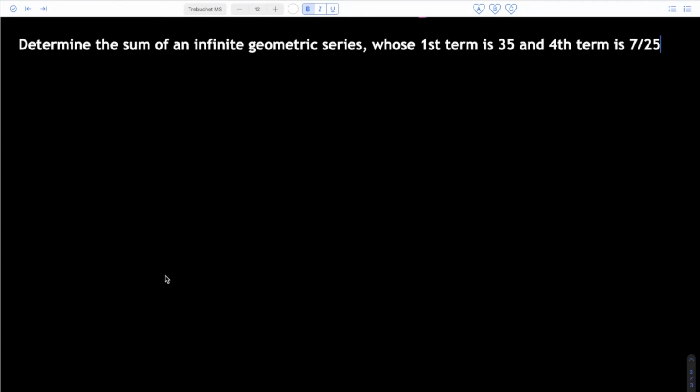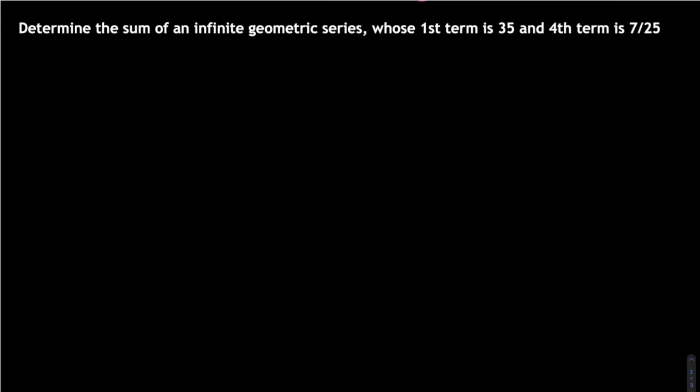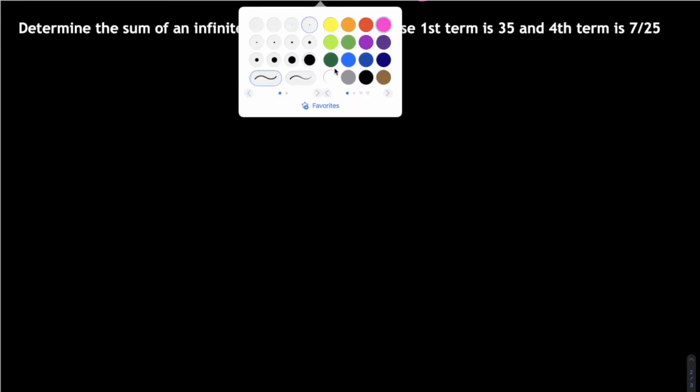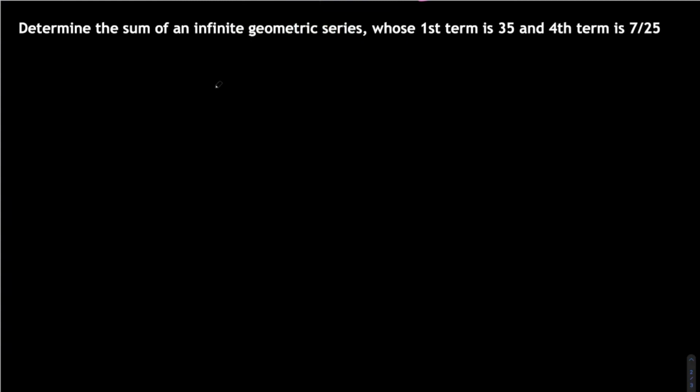Now let's get started. The first question says, determine the sum of an infinite geometric series whose first term is 35 and fourth term is 7 by 25. You can expect questions like this quite often. And when you do, you need to get the key information immediately. The first key information is that it's an infinite geometric series.